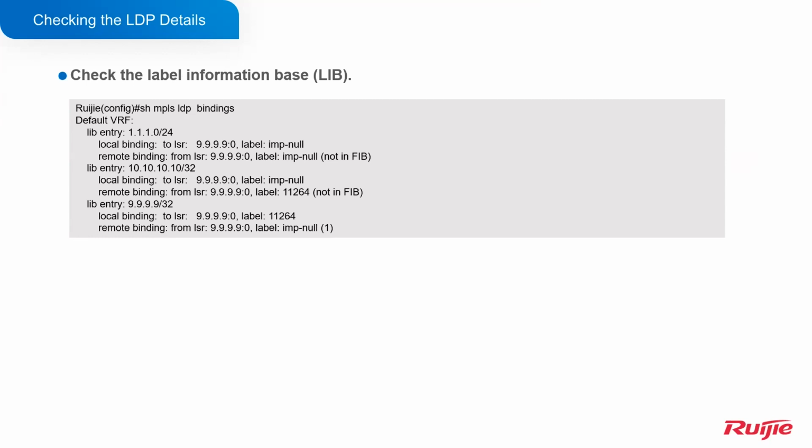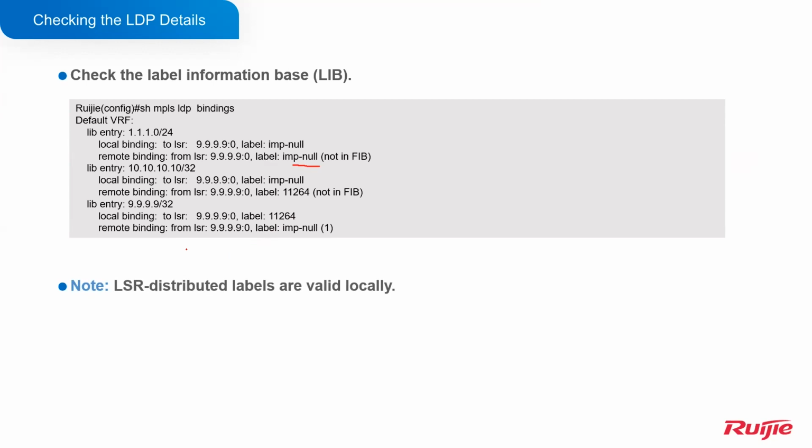And the local binding to LSR 9.9.9.9, because the 1.1.1 segment is for myself, so the in label will become none. This is your first router. And for 9.9.9, you will have the in label 11264, and the out label is none because this is the most downstream router.